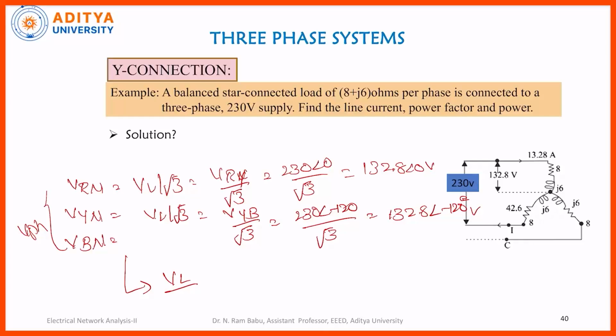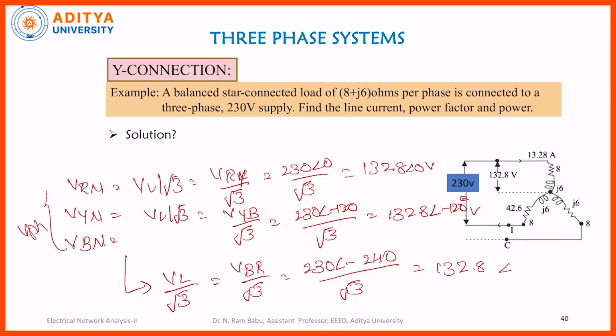So, here Vbn is equal to nothing but phase voltage, that is equal to 1 by root 3 times of line voltage, that is equal to Vbr by root 3. Here it is equal to 230 at an angle of minus 240 divided by root 3. Here the value will be 132.8 at an angle of minus 240 degrees.